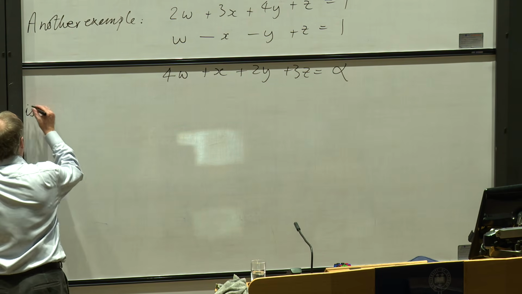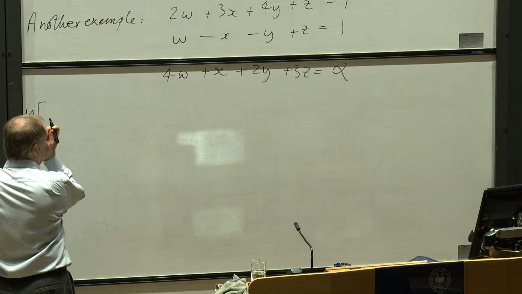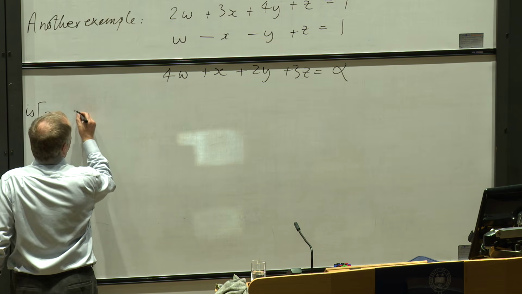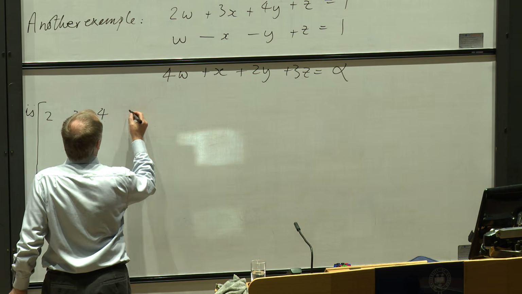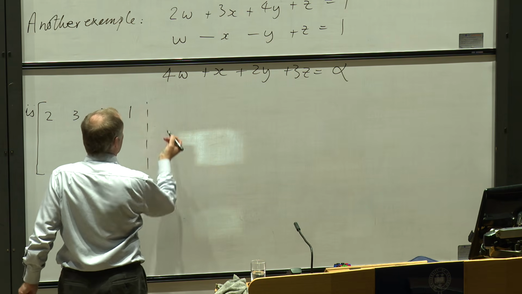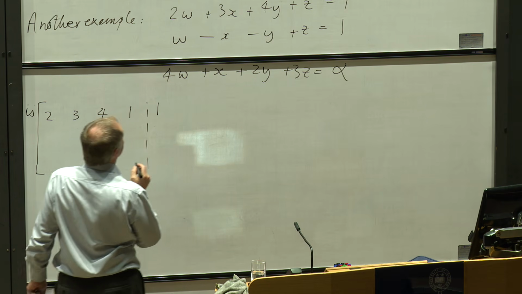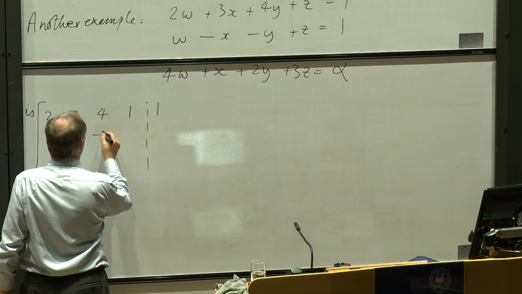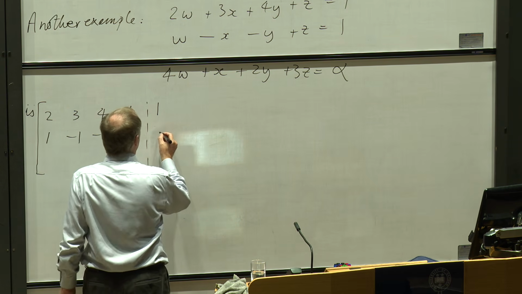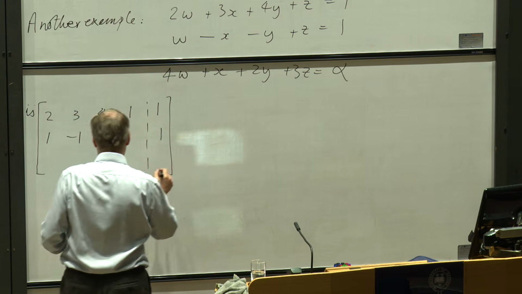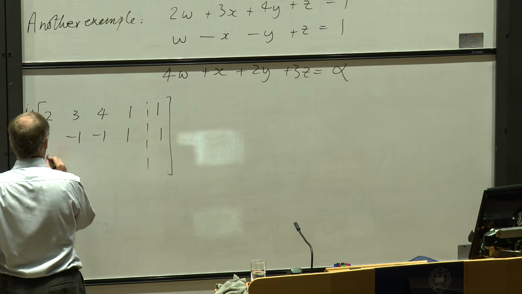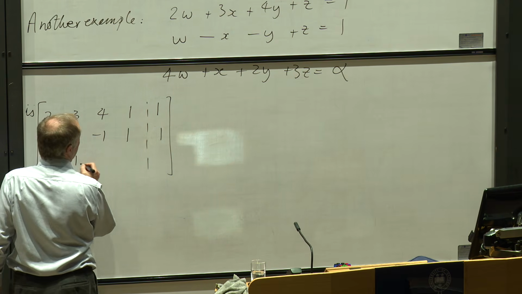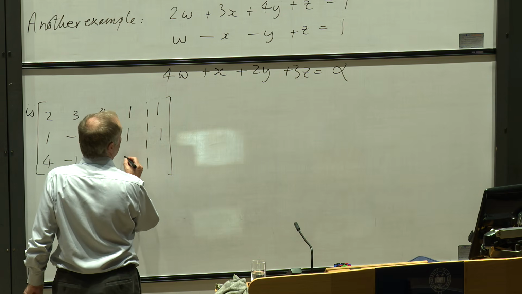So now we can write this as an augmented system quite easily. This is 2, 3, 4, 1, partition 1, and 1, minus 1, minus 1, 1, partition 1, and 4, minus 1, minus 1, 1.